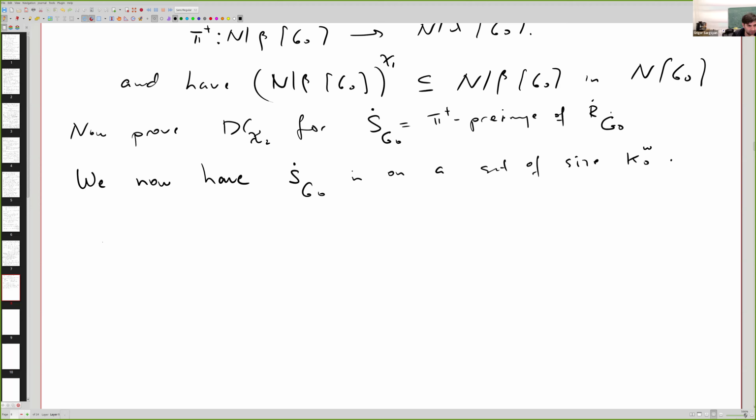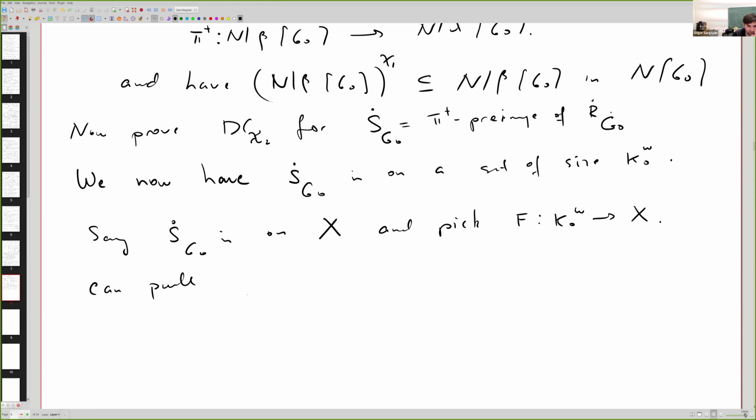So say S dot G0 is on some set X, and pick F, right? So we now can pull S dot G0 to a relation W on kappa 0 omega. But kappa 0 is omega 3.